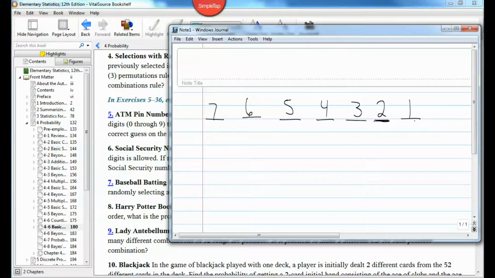Now this is a probability, and there's only one way of getting it right. Also notice that if I'm multiplying all these, this is the same thing as 7 factorial. So if I want the probability of reading those in the right order, then that's going to be 1 over 7 factorial. Okay, 7 factorial is kind of a big number.